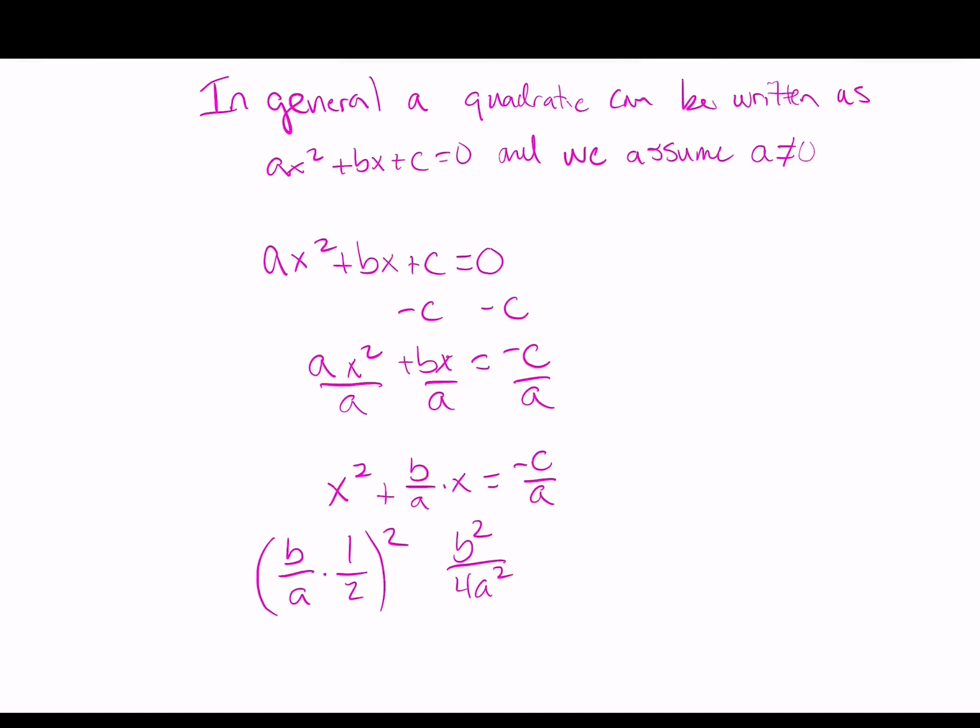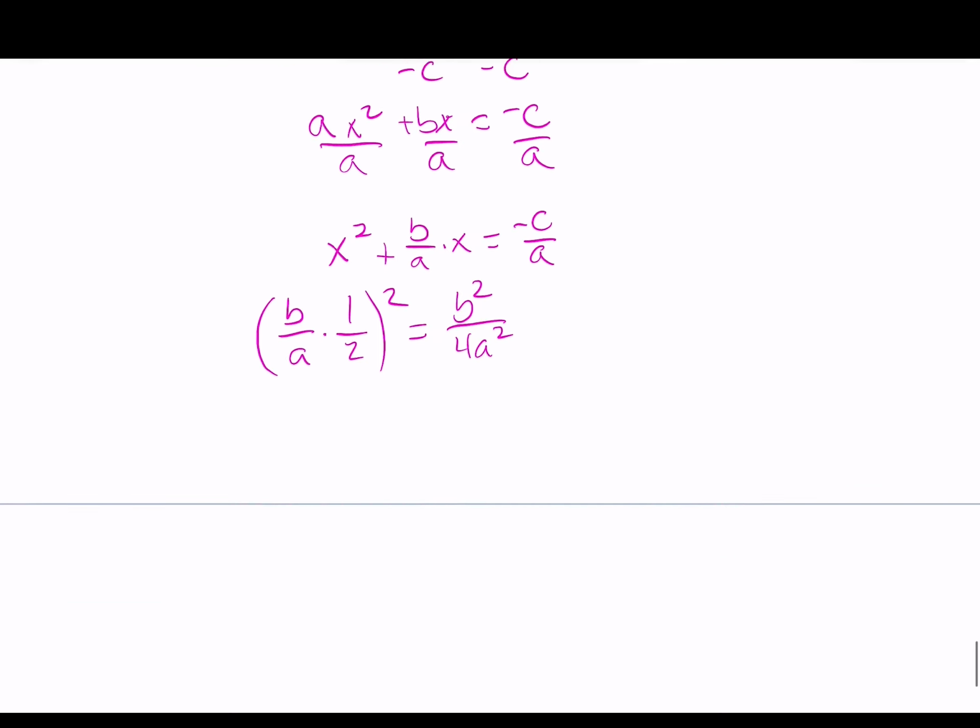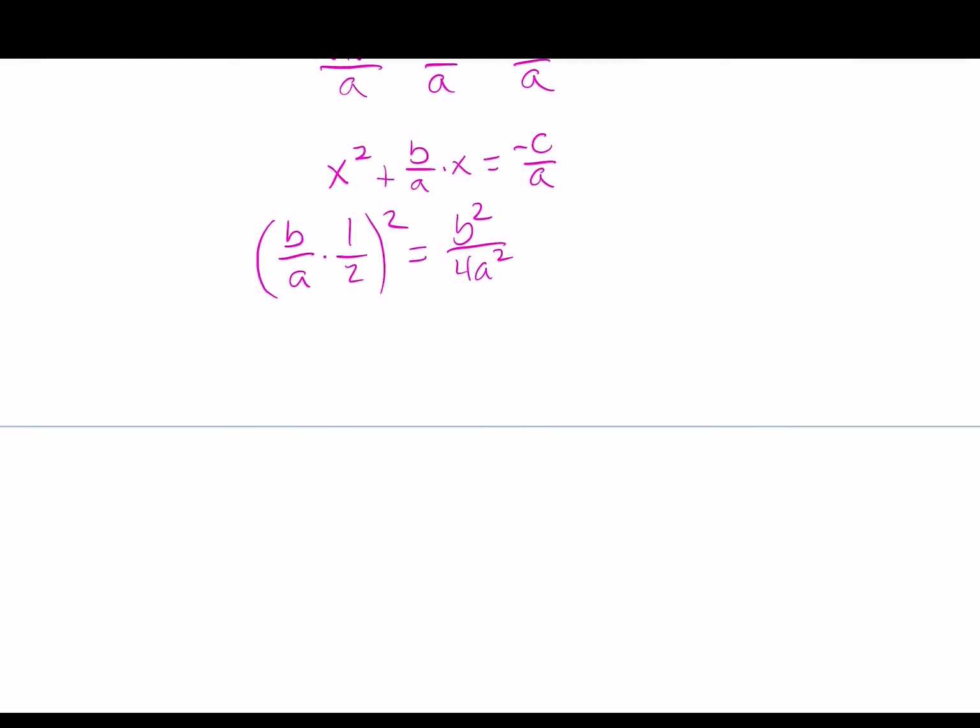So that's how we complete the square. So what we can do is add b squared over 4a squared to both sides. So x squared plus b over a x plus b squared over 4a squared is equal to negative c over a plus b squared over 4a squared.